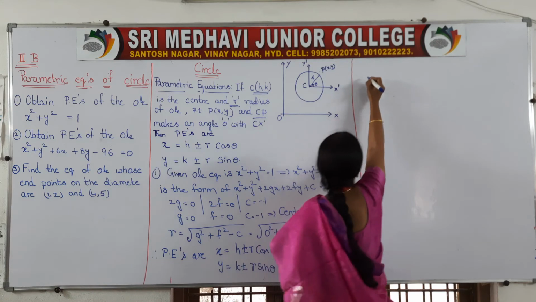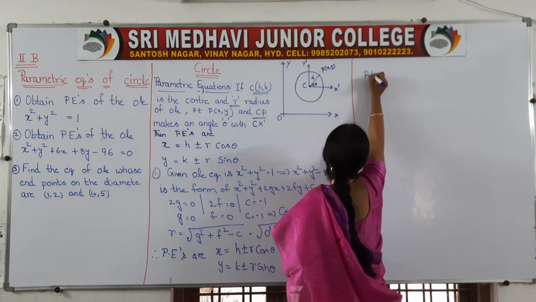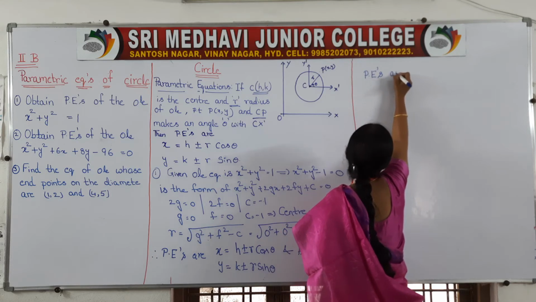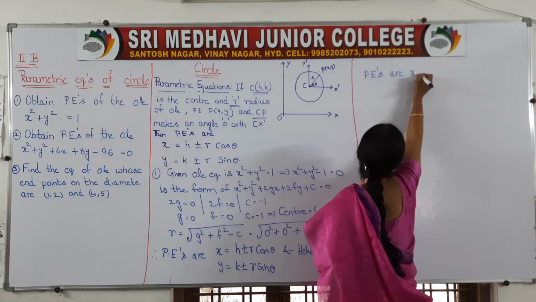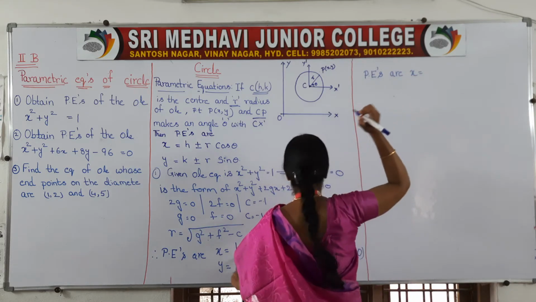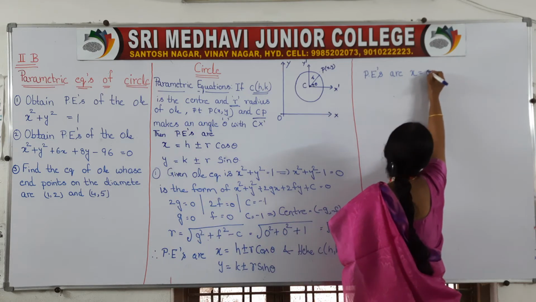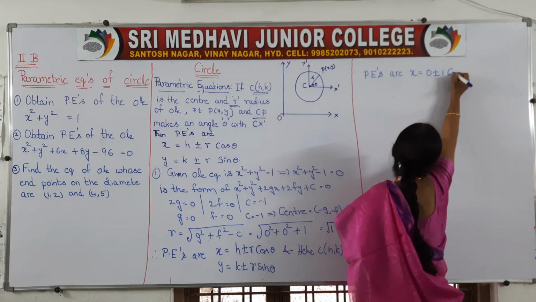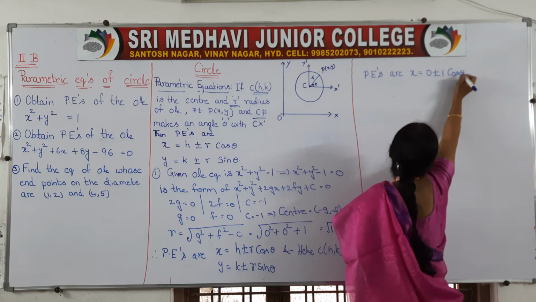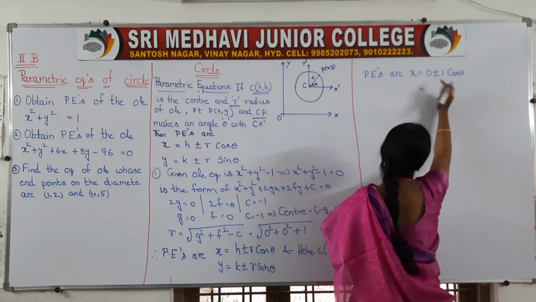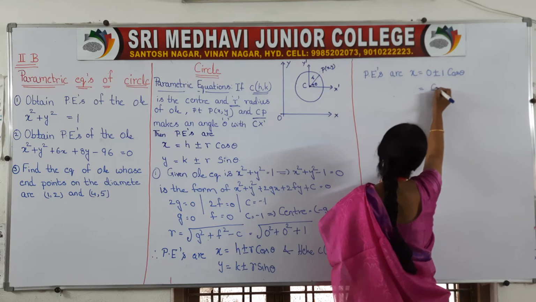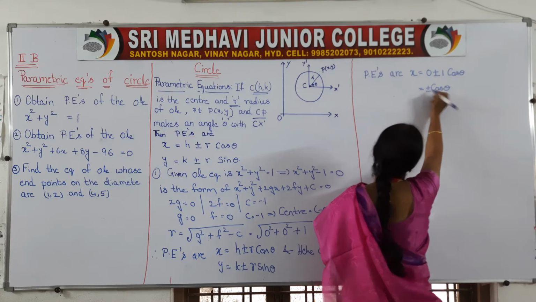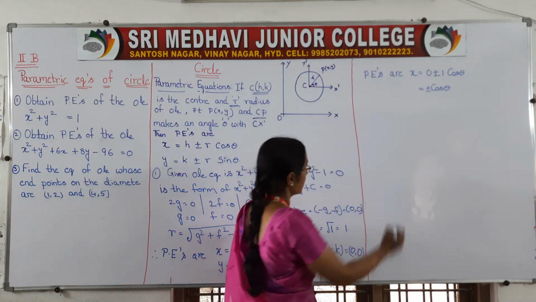Therefore finally the parametric equations are: x is equal to h, which is 0, plus or minus r, which is 1, cos theta. So it is equal to 0 plus or minus cos theta, that is cos theta, or you can take plus or minus cos theta.